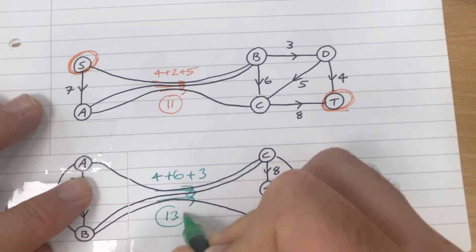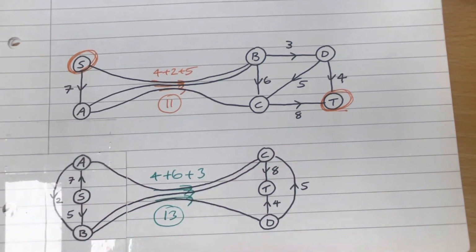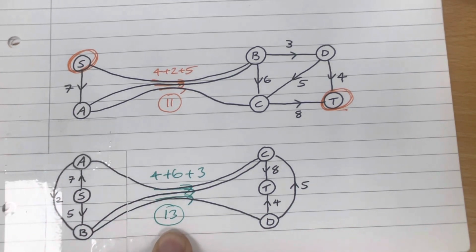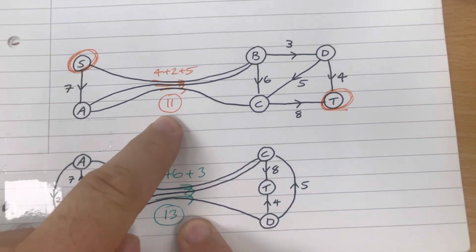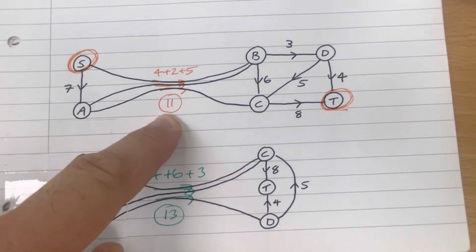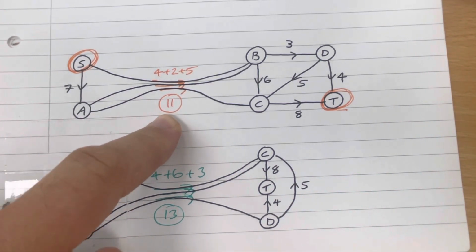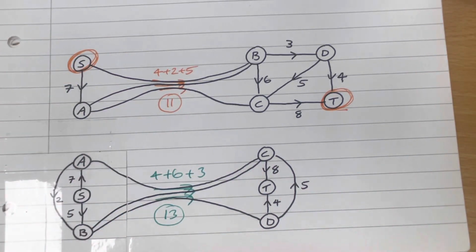That's 13. So we know that the maximum flow through this network must be less than or equal to 13, but we already know it has to be less than or equal to 11, and that trumps it. So therefore we know that it has to be less than or equal to 11.